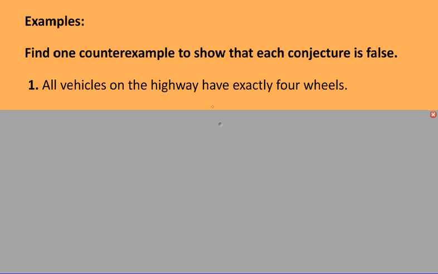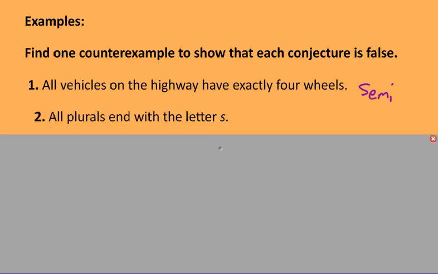So number one, all vehicles on the highway have exactly 4 wheels. Well, how about a semi? There's a counterexample. Or a motorcycle. There's another one. Those don't have exactly 4 wheels. So there's one counterexample, so that statement is not always true. Number two, all plurals end with the letter S. So let's think of a plural.